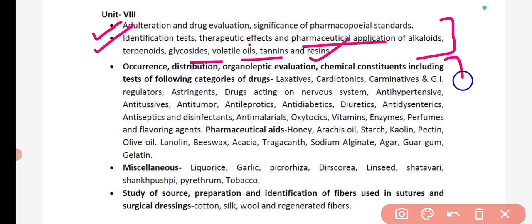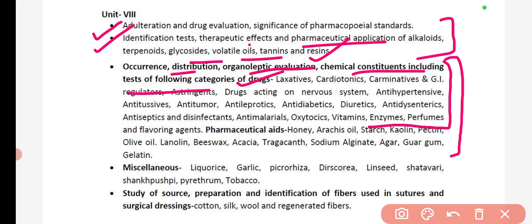In the next video, we will be covering topics like the occurrence, distribution, organoleptic evaluation, and chemical constants, including the tests of the following categories of drugs. There are several drugs in these categories, and I will include all the drugs from the diploma level syllabus because this syllabus is relevant to D.Pharm only. Then the pharmaceutical aids, in which different drugs are there, will be covered by tomorrow morning.